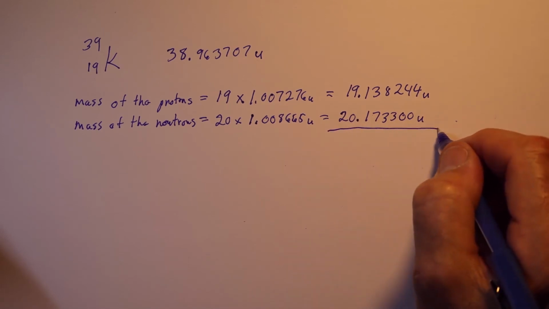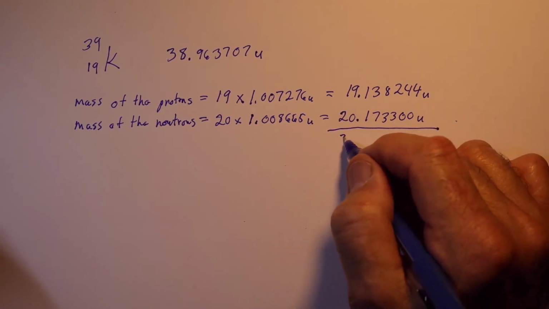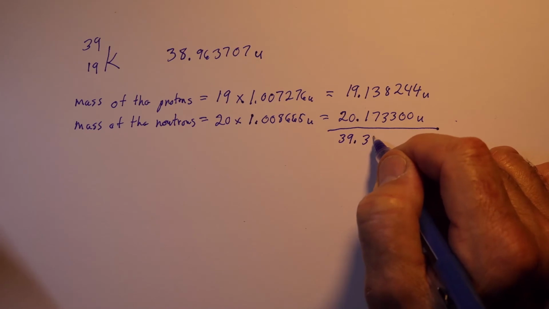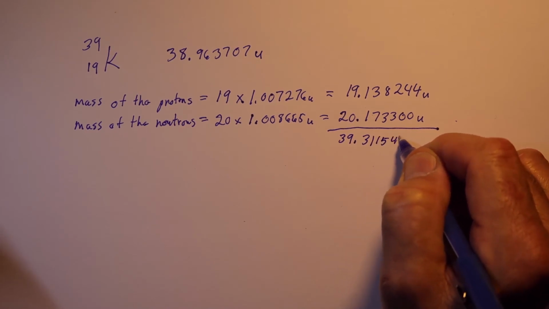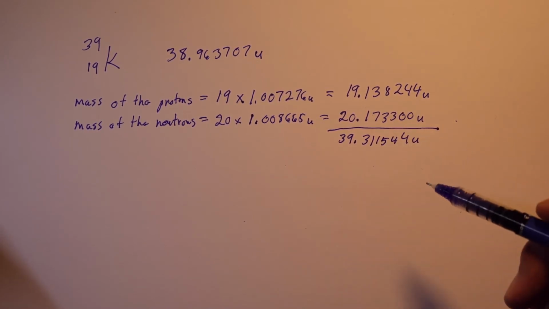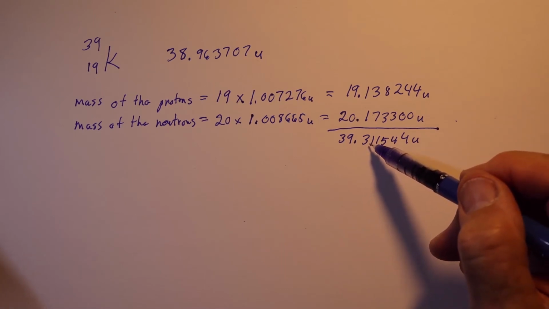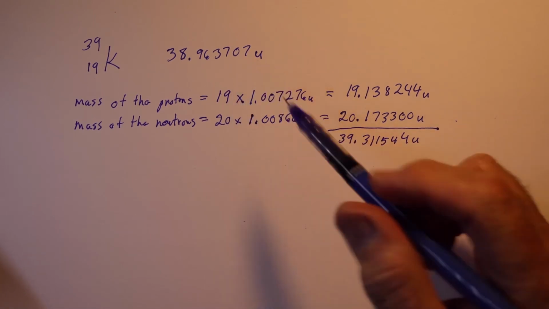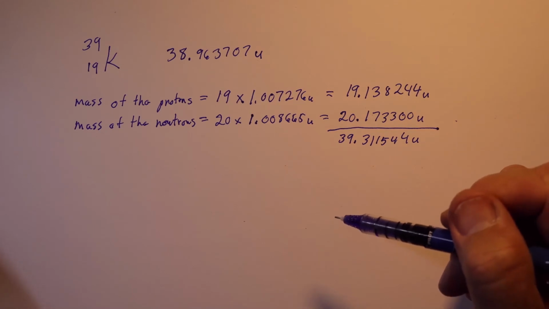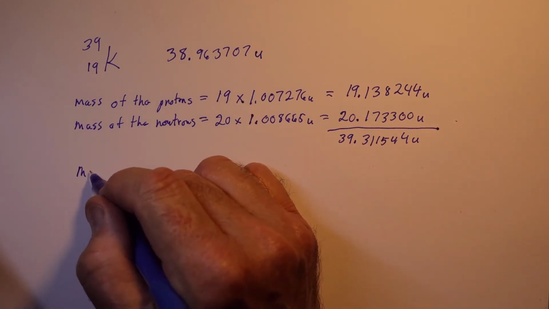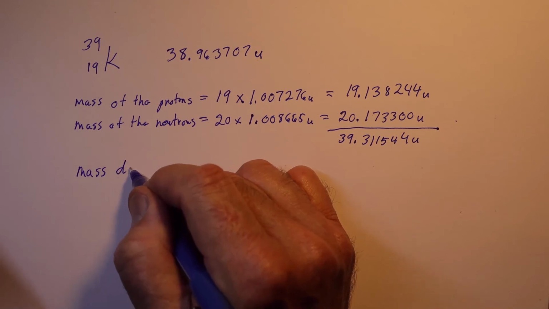And then we add those together, 39.31154 atomic mass units. And notice once again, the mass of the constituent parts of the nucleus is greater than the mass of the nucleus. And the difference between those is the mass defect.